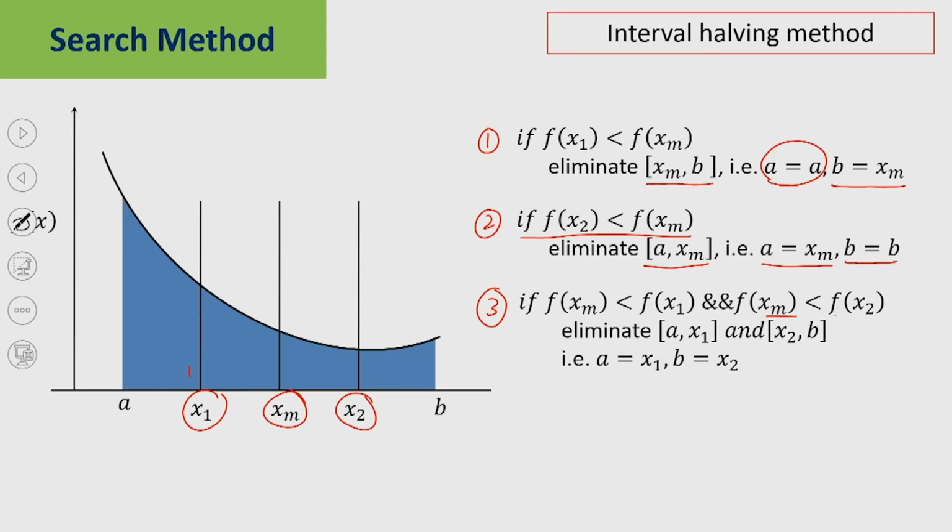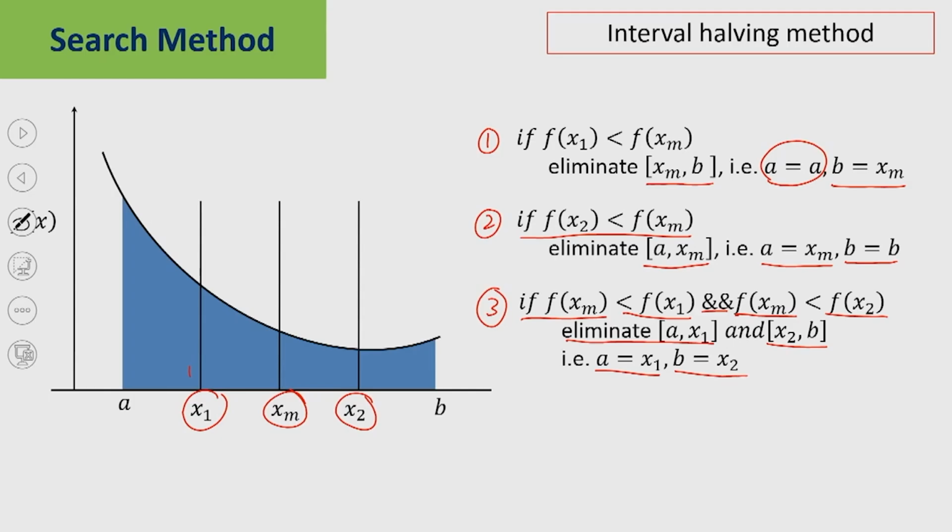Now, if the third condition is true, that means f of x m is less than f of x 1 as well as f of x m is less than f of x 2, then the regions a x 1 and x 2 b are eliminated. In that case a will be equal to x 1 and b will be equal to x 2.